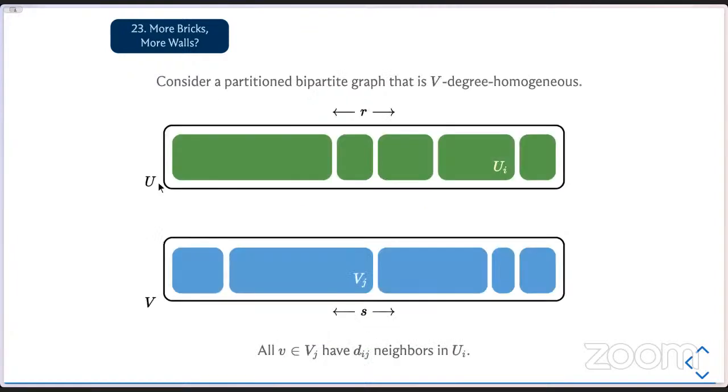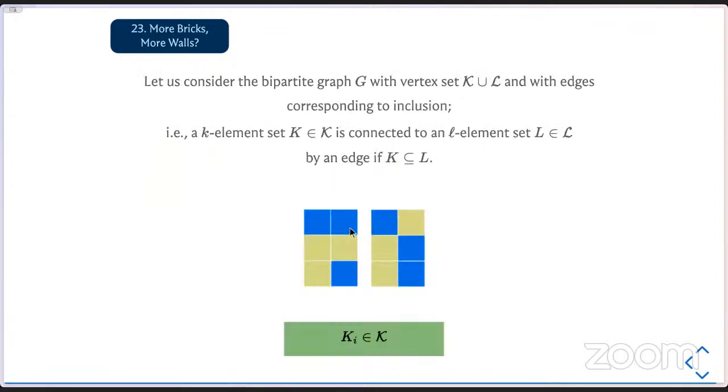So in general, if we have a bipartite graph, which we did, where each side is partitioned into a number of parts, what did we say previously? If you look at any Li, all the vertices in Li have the same degree.